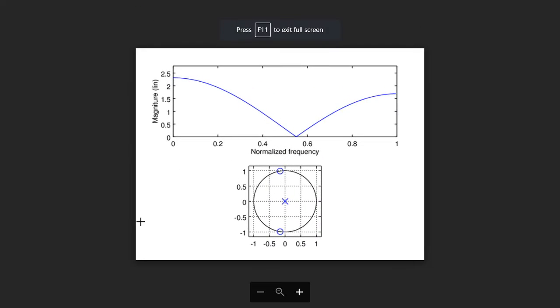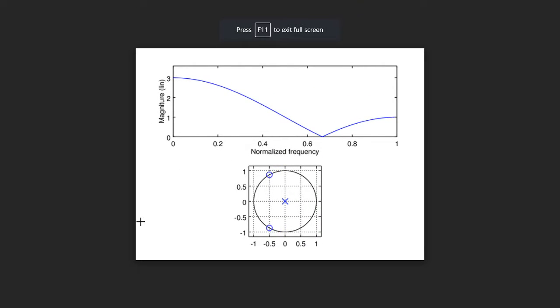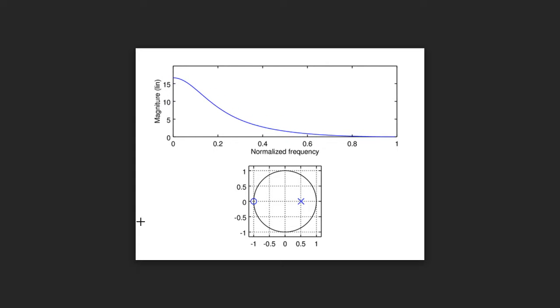Let's see a couple of other animations just because I have made them. That happens when you move the zero on the unit circle. That's us moving the place of the notch, and this is what happens when you take the pole from the origin and start moving it closer to the unit circle, so the Q factor of the filter goes higher because you get more amplification when the system is at the same angle.